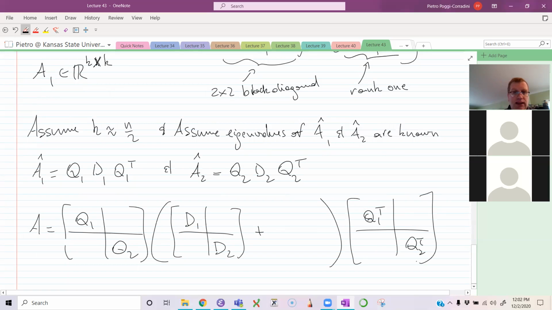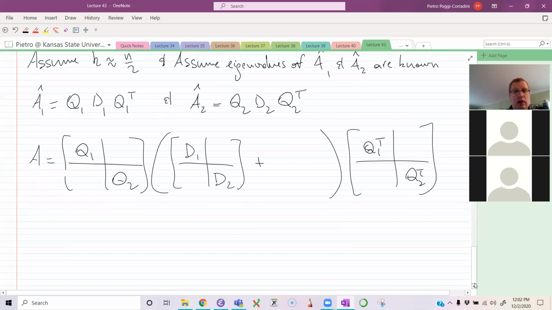And the question is, what is the term I need to put there to make everything work? It's going to be beta ZZ transpose. ZZ transpose is an outer product. It's the rank 1 matrix. And I need to tell you what Z is.